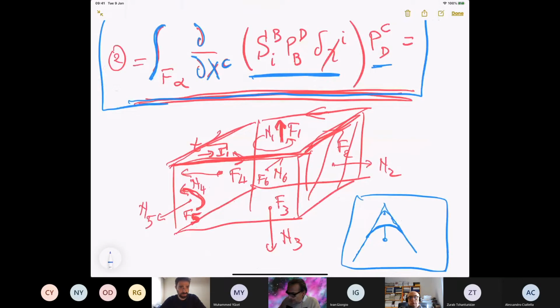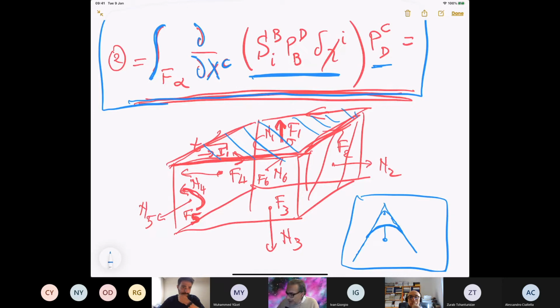Now, let us look at a very standard parallelepiped. You have F1, F2, F3, F4, F5, and F6. Let us focus, for instance, on F1, which is this one.